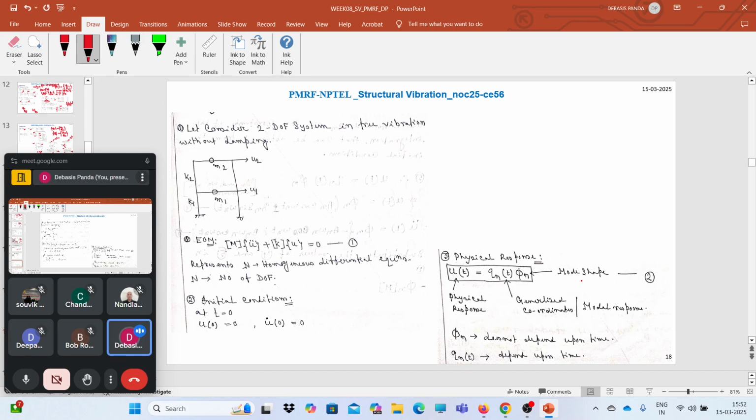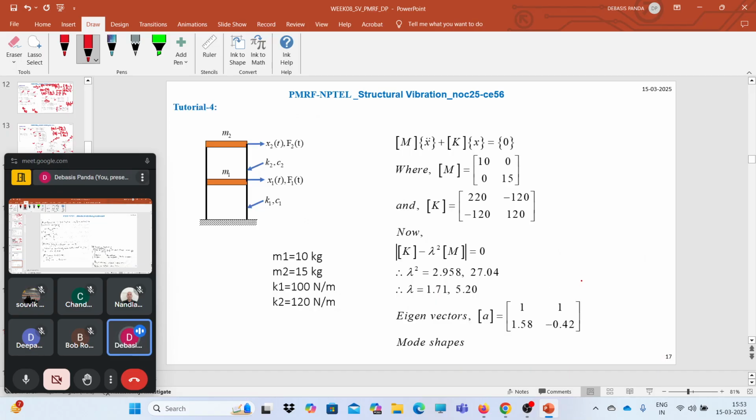So till now we have the idea of how we can decouple the coupled equations of a multi-DOF system, where we have seen that the mass and stiffness equations are coupled. We solved the characteristic equation, found the roots, and also found the corresponding eigenvectors, which represent the mode shape corresponding to each natural frequency.